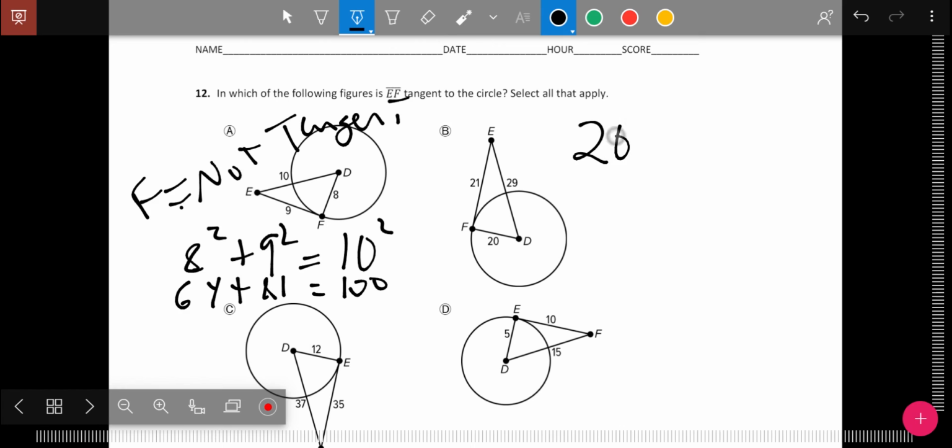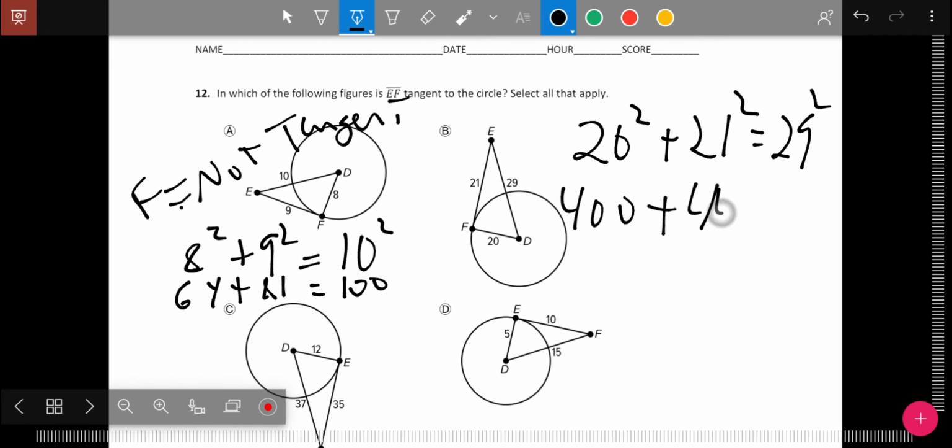Here I'm going to do 20 squared plus 21 squared equals 29 squared, which is 400 plus 441 equals 841, and that's true, and so it is a tangent.